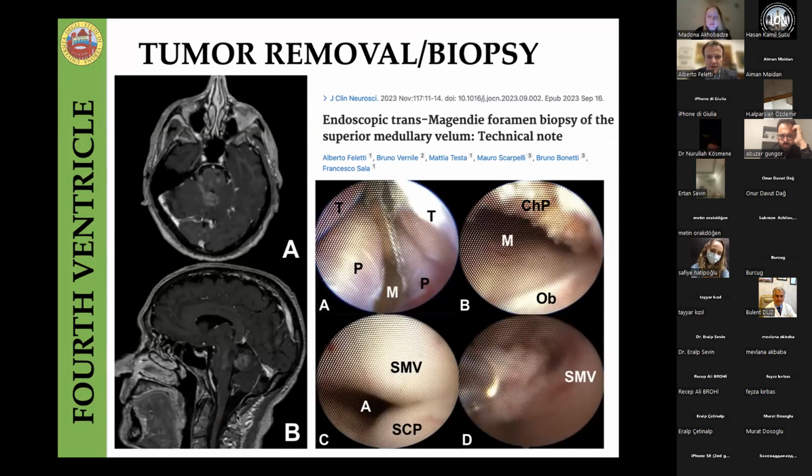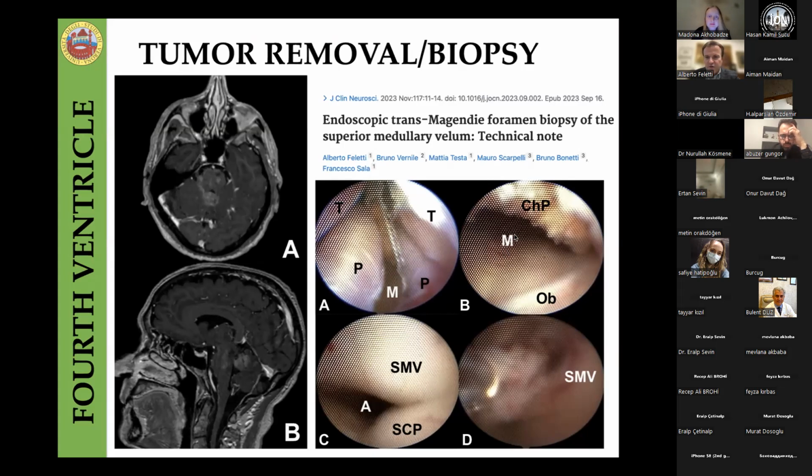In this case, I made a very small opening at the level of the posterior fossa, and I entered with a flexible scope through the Magendie foramen, and I took a biopsy.